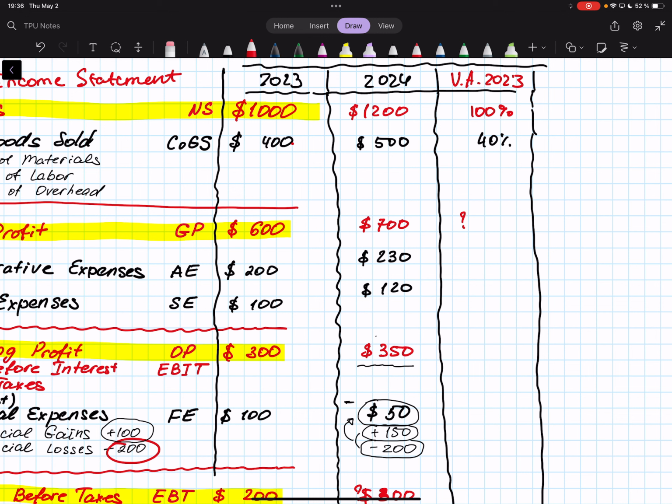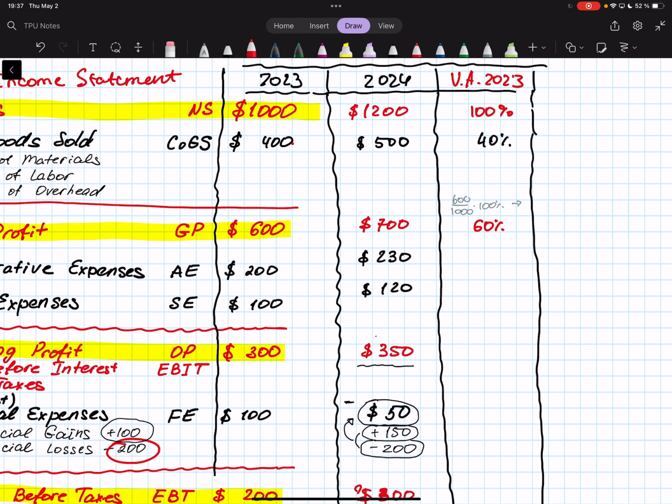Yeah, I take the 600 divided by 1000, so that you can get it easier. So I take the 600 divided by 1000 times 100%. So this gives us 60%, right? What about administrative expenses?